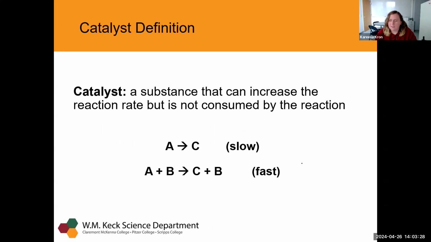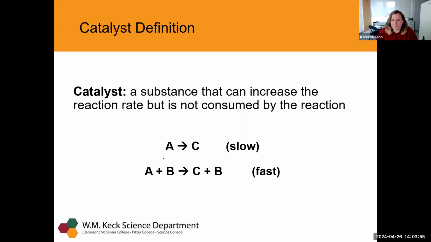And so we talked about intermediates, which are produced during one step of the reaction and then get consumed in a later step. A catalyst is a substance that can increase the reaction rate but isn't consumed by the reaction, or by the end of the mechanism is restored. I'll show you examples of something not being consumed versus something that's consumed and then restored.